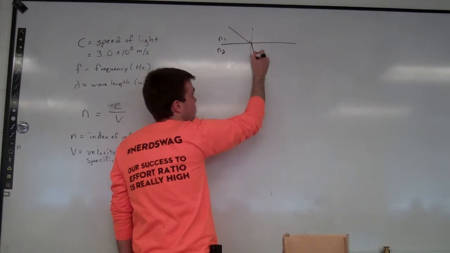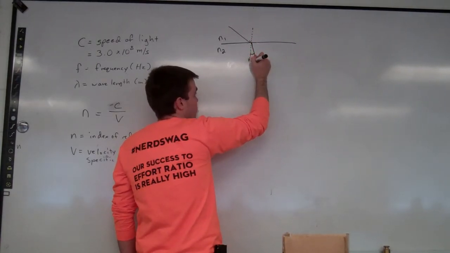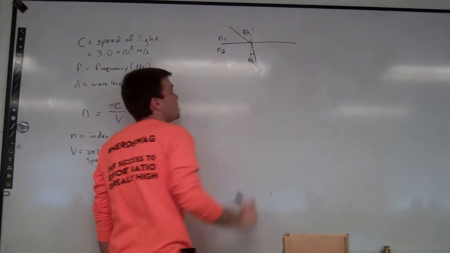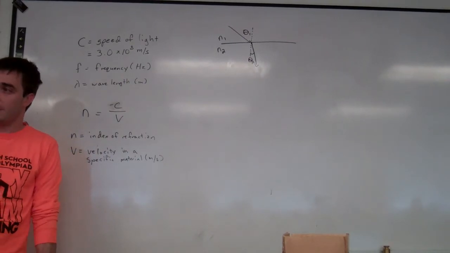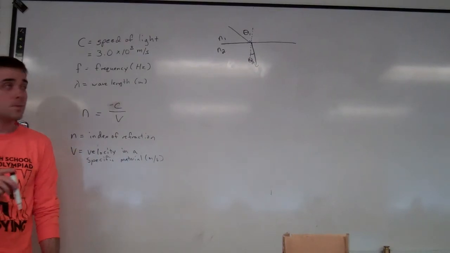So this would bend toward the normal. The angle measured from the normal would be theta 2, and this one would be theta 1. Theta 1 is called the angle of incidence, the angle it's coming in at. Theta 2 is the angle of refraction, the angle it gets bent to.